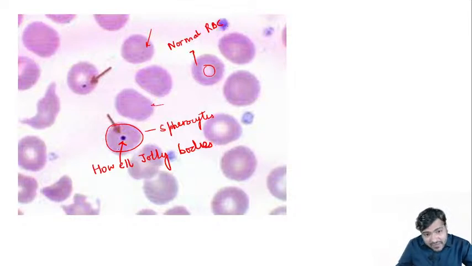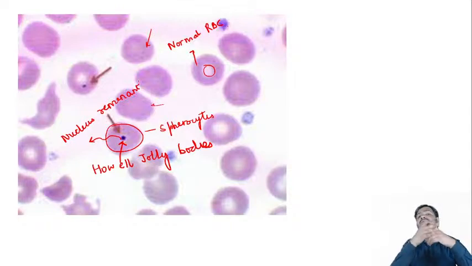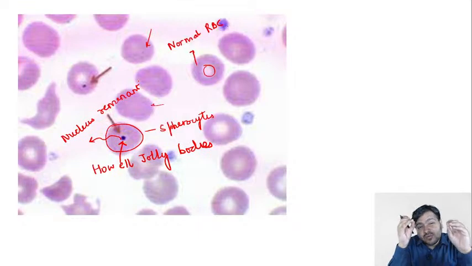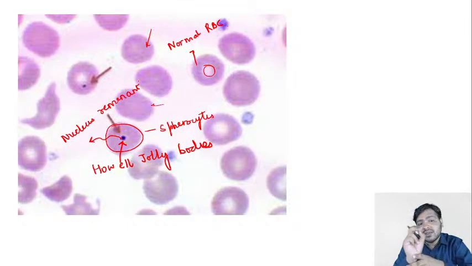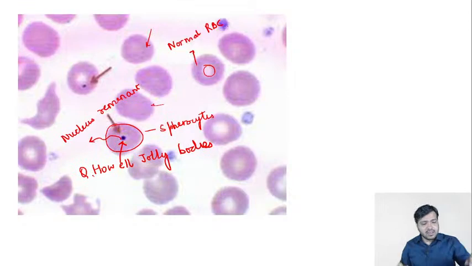And remember that this blue dot you are seeing is basically the nucleus remnant. You guys already know that an adult RBC has no nucleus. So it is only a remnant of the nucleus which you find, and that is given a special name, the Howell Jolly bodies.